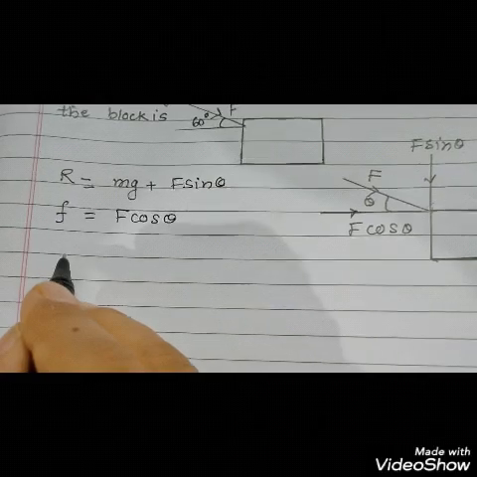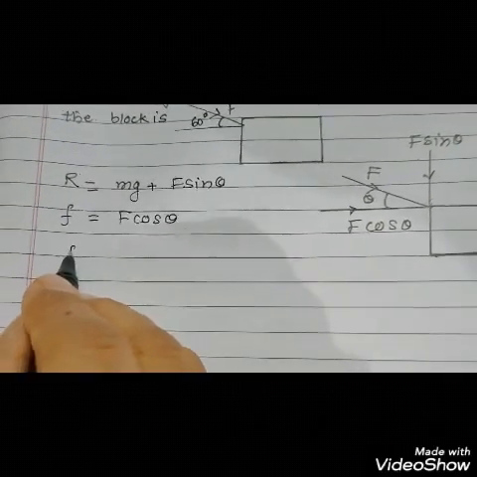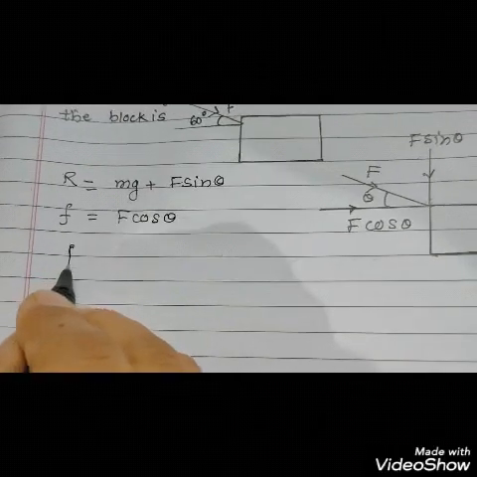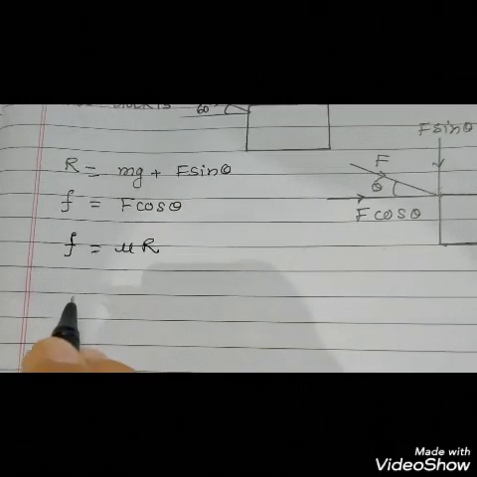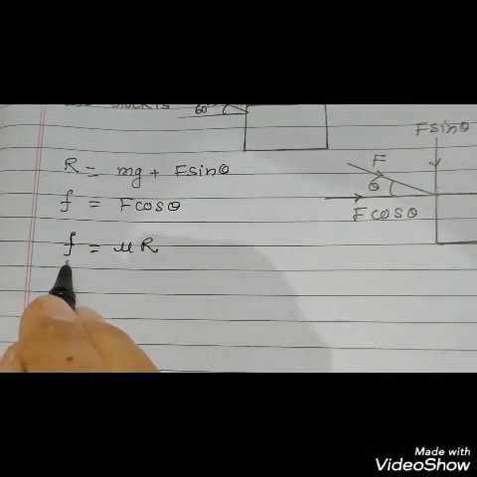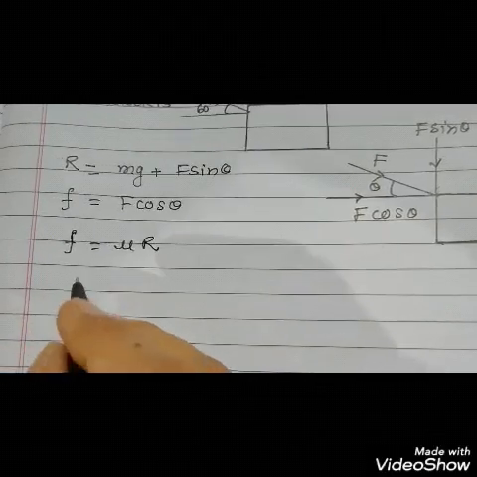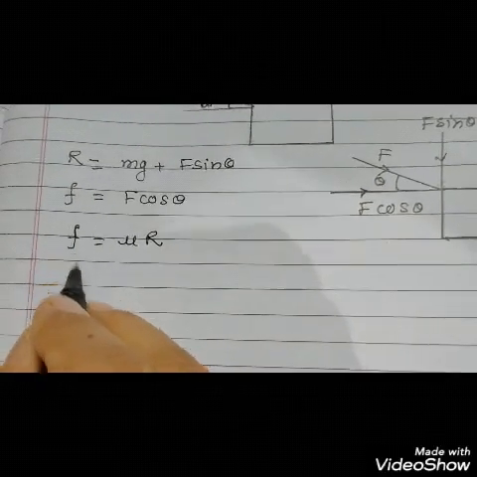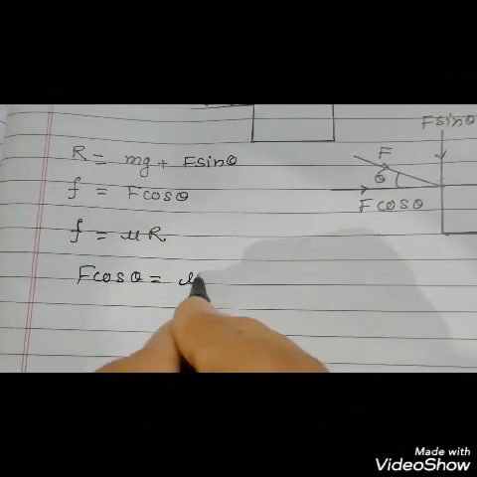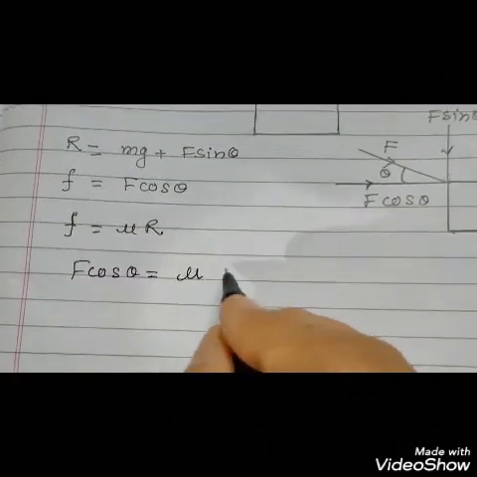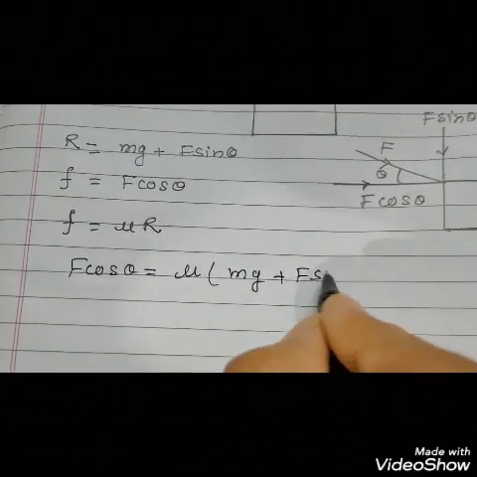From the law of limiting friction, we know that F is equal to mu R, and this will be the minimum friction. So in place of F we write F cos theta, and in place of R we replace the quantity with mg plus F sin theta.